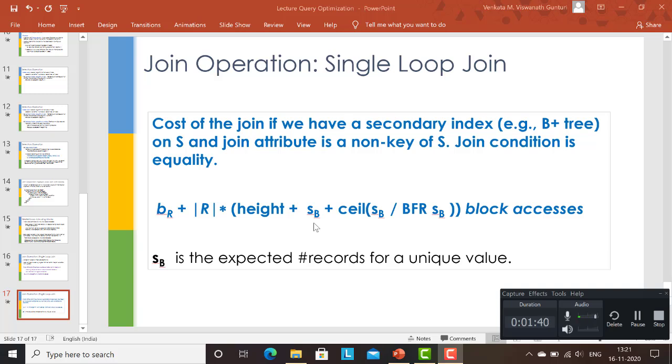So if my department ID is computer science, CSC, I'll access height number of blocks in reading the B plus tree from root to leaf.